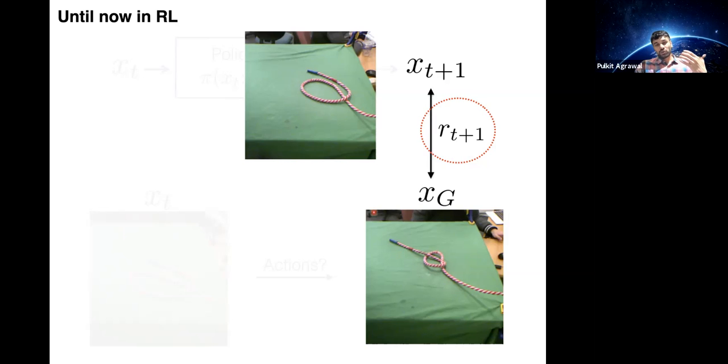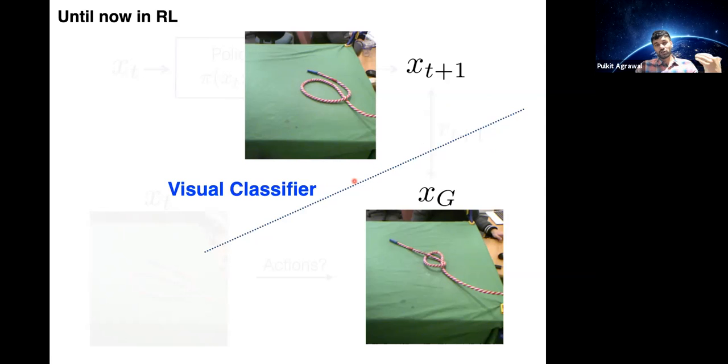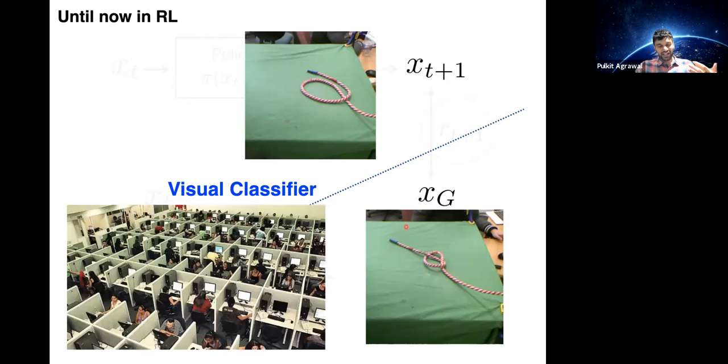So in order to get a good reward function, one thing that you could do is to build a classifier which distinguishes any state from the goal state. But how do we build this classifier? We will end up getting annotations from humans, or we'll rely on a human farm to give us annotations that this state xt plus 1 is actually different from xg, or it is same as xg.